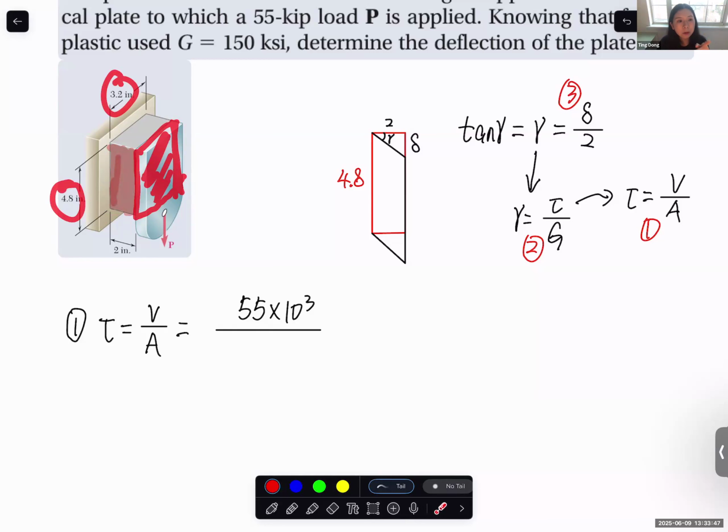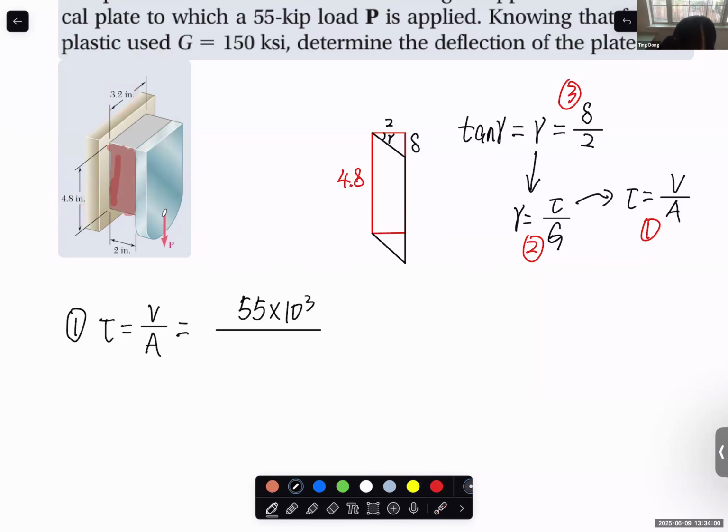Be very careful what area you use to calculate shear stress and what area you check for the deformation. So the area should be 4.8 times 3.2 because this is the actual area that carries the shear force.